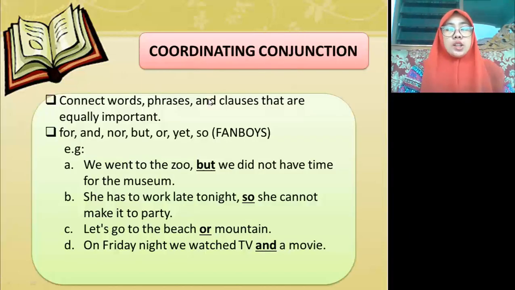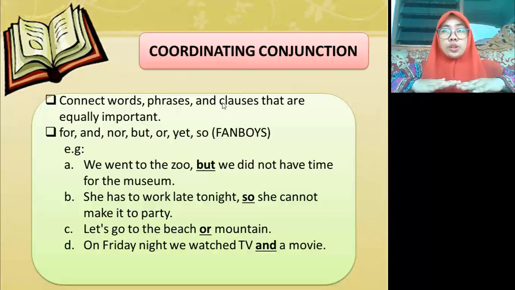Next, there are some kinds of conjunction. The first is the coordinating conjunction. The coordinating conjunction is the kind we use when we want to connect or combine words, phrases, or clauses that are equally important.